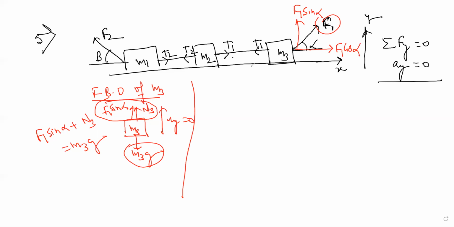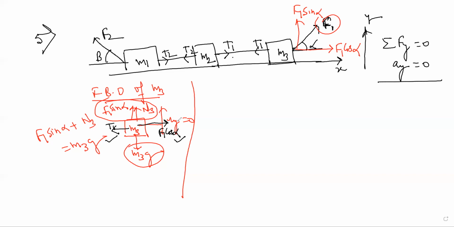Okay. Now, forces along the horizontal direction. So this is F1 cos alpha, and on the left side, force is T1. These are the forces which we have to take under consideration, because motion might take place along the horizontal direction.